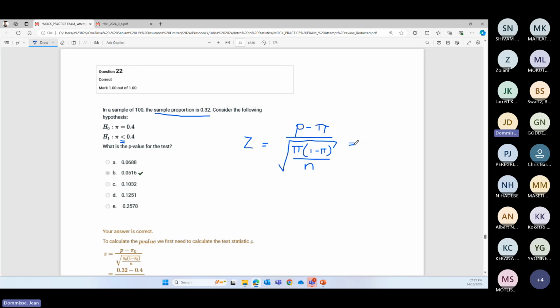So we have P, they tell us that is 0.32. Our population one is 0.4. And then we will divide it by 0.4. 1 minus 0.4 is 0.6. Divided by n, which is 100.